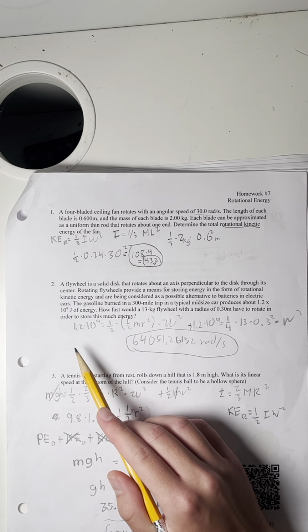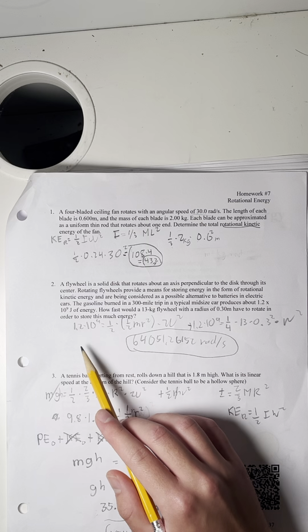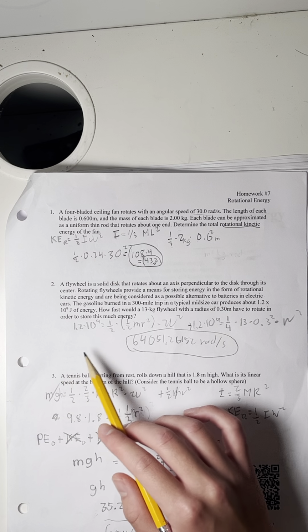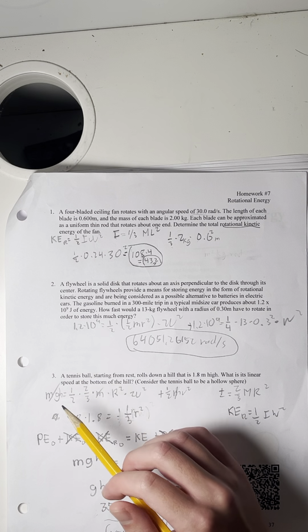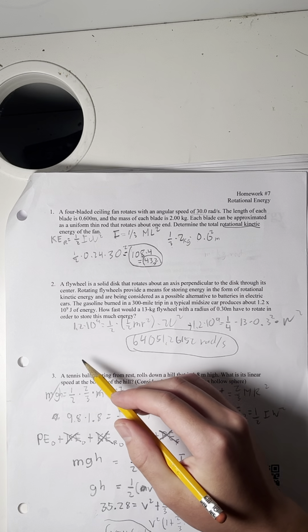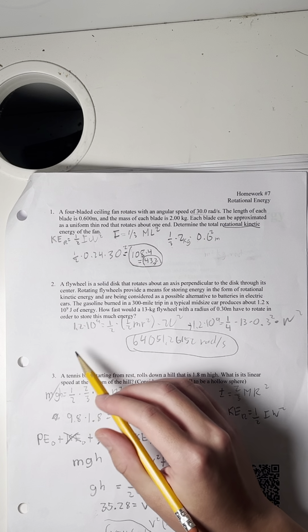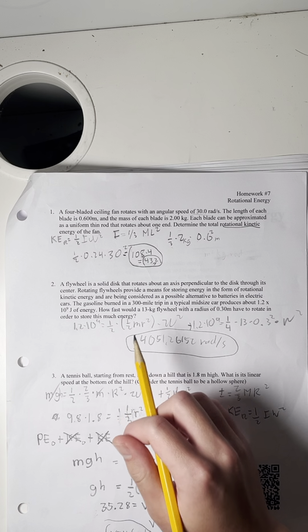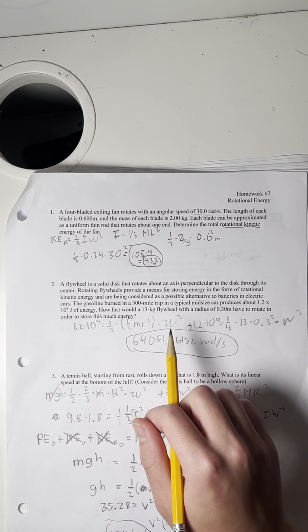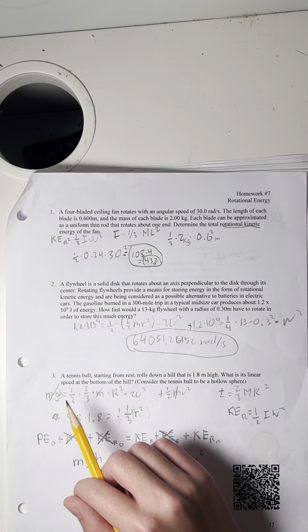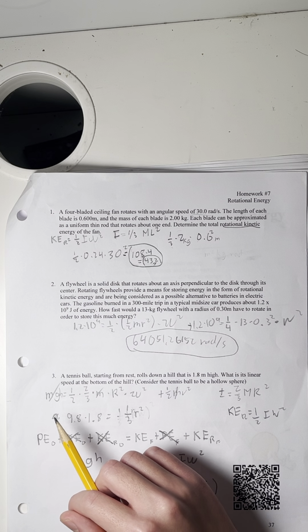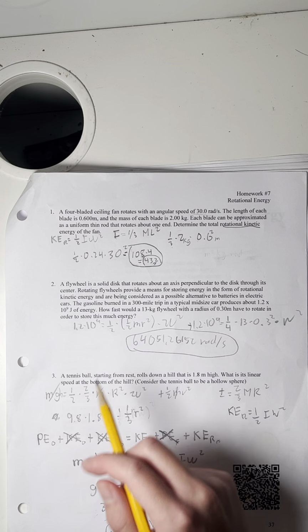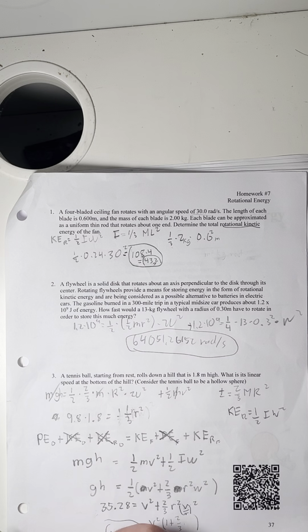And if you remember from our green formula sheet, if you want to find the rotational kinetic energy, it's 1/2 I, which is the moment of inertia, times omega squared. And our moment of inertia in this problem is 1/2 mr squared. So I put that in.